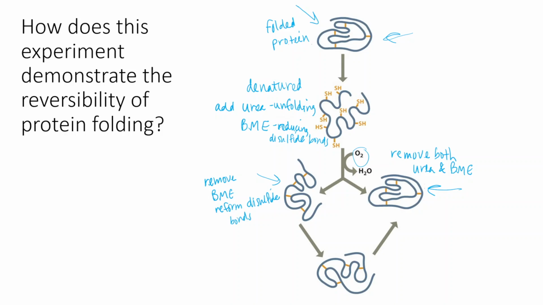So now the protein is in this state where it's reformed disulfide bonds. It's a little hard to tell by looking at it, but these disulfide bonds are not the same ones that were in the original protein. Now we have different thiol groups bonding with other thiol groups instead of the original pairs that formed those original disulfide bonds.